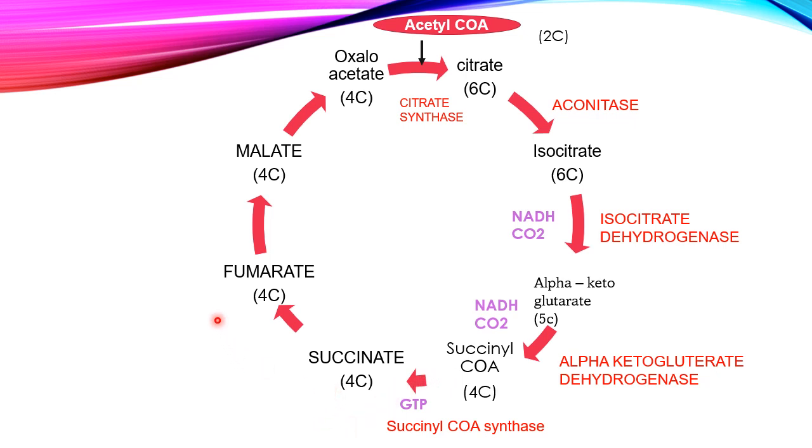This succinate is converted into fumarate by the action of the enzyme succinate dehydrogenase. This is dehydrogenating the succinate into fumarate by a release of FADH2, which is another energy-rich molecule. This succinate dehydrogenase is very tightly associated in the matrix of the mitochondria.